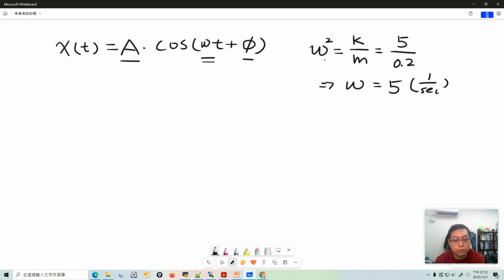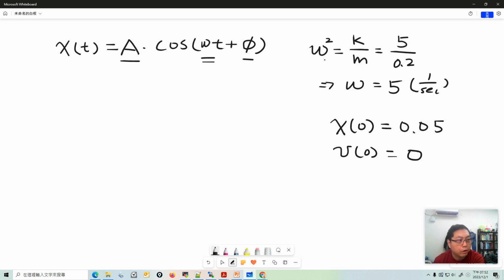So we have omega. The next thing we need to solve is the amplitude and the phase constant. We have two conditions: the initial position x0 is 0.05 meter, because 5 centimeters is 0.05 meter, and the initial velocity is 0.